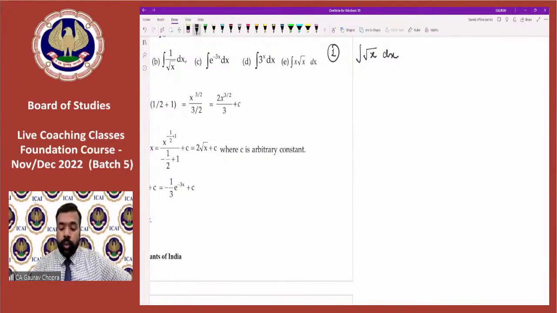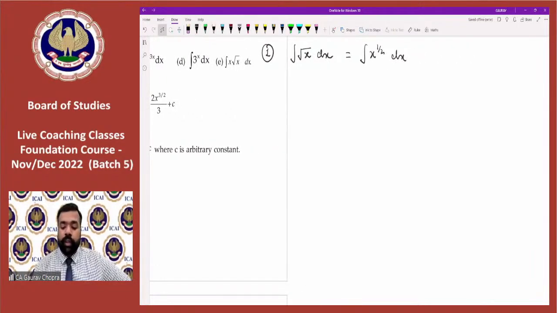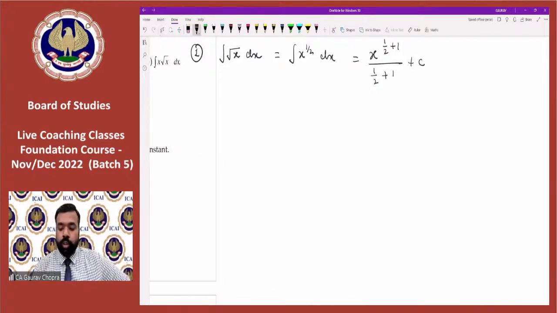Now this can also be written as x to the power of half. Square root means power half. Now whenever we have to integrate, increase the power by 1. And then in the denominator, the same power will be written, plus c. So what will happen? x to the power of 3 by 2 divided by 3 by 2 plus c.